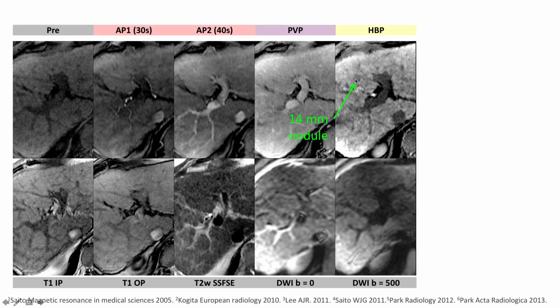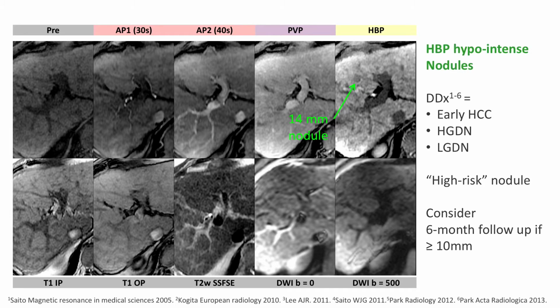So this hepatobiliary phase only hypointense nodule in the European and the Asian literature has a differential diagnosis of early HCC, high grade, and occasionally low grade dysplastic nodule. So these are known as high risk nodules, and we typically consider a 6-month follow-up. And so that's what we did.